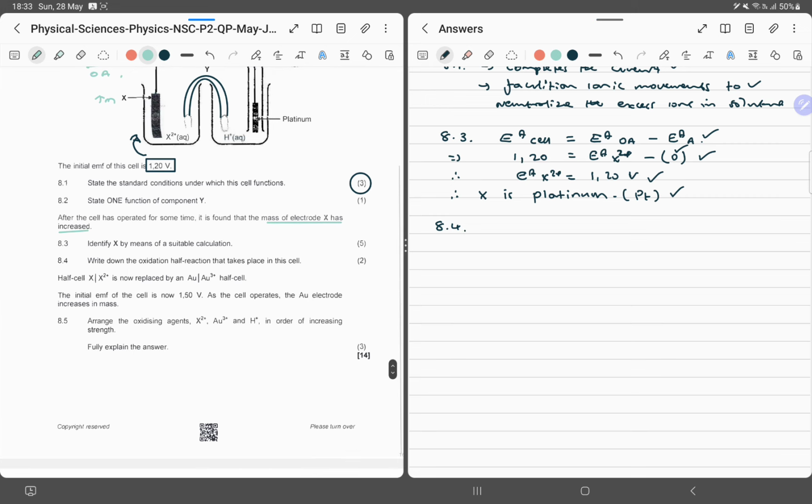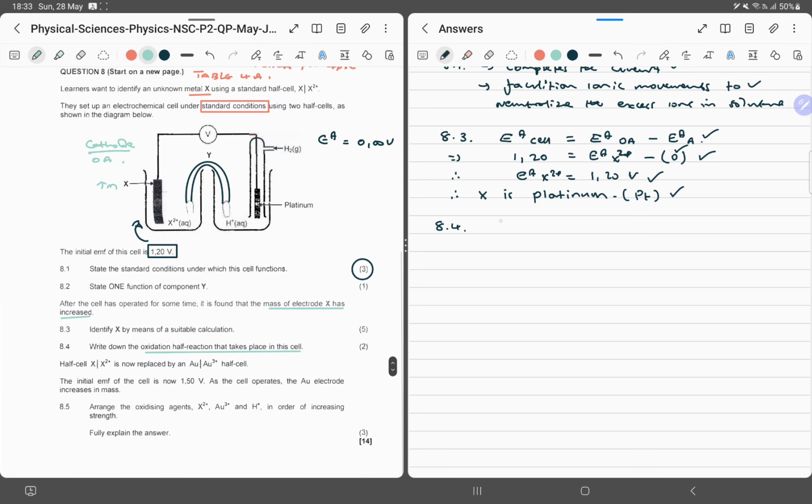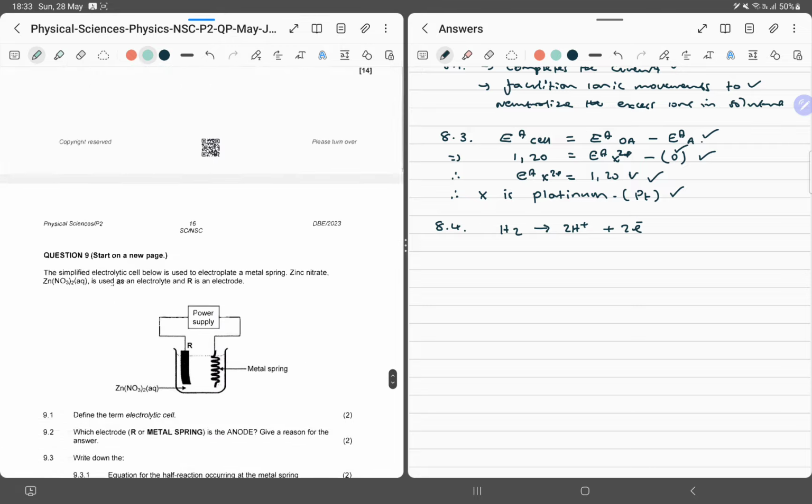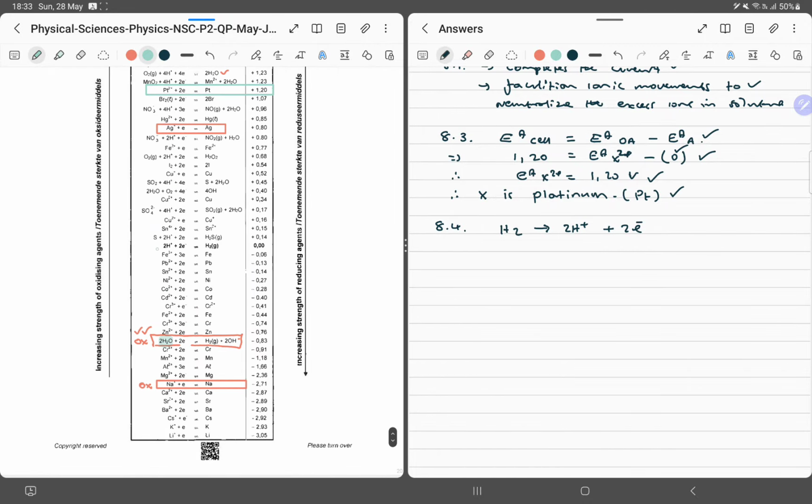8.4. Write down the oxidation half reaction that takes place in this cell. Obviously, it's only hydrogen that gets oxidized. So hydrogen gas gets oxidized into 2H plus ions plus 2 electrons, right? But you can go back and check it. There is the guy that we're talking about.